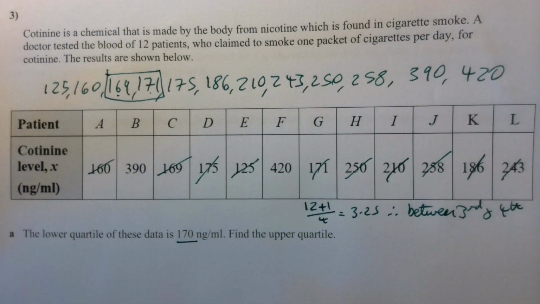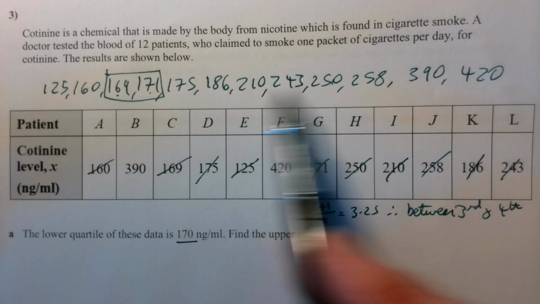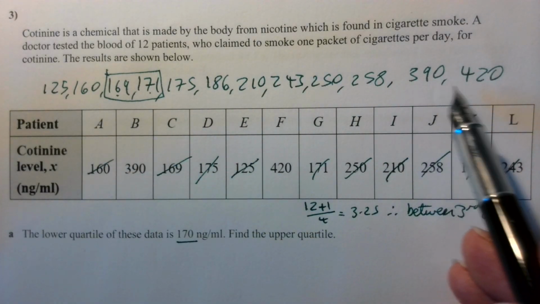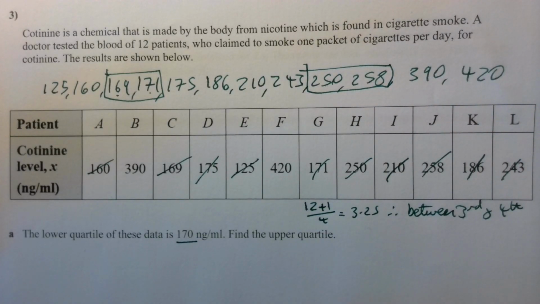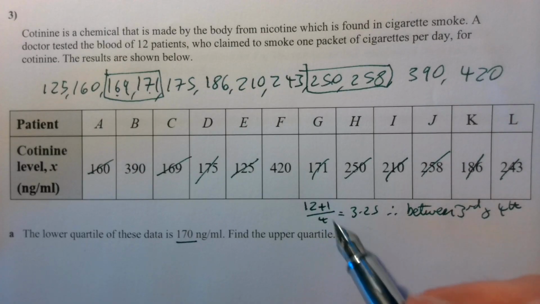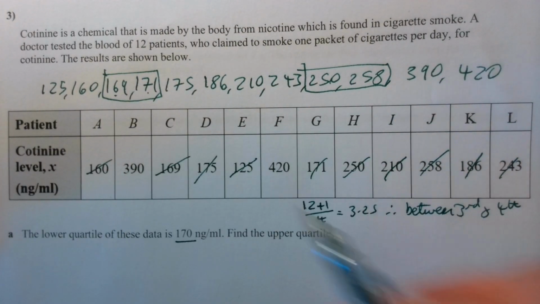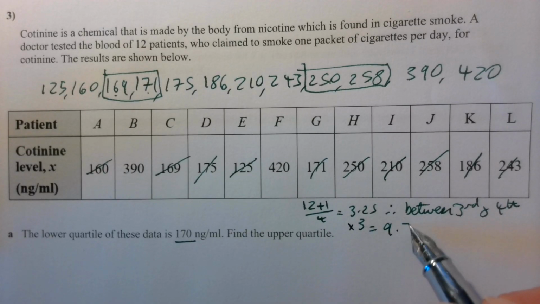Now the upper quartile is going to be the same distance sort of from the end up here. So I've got 2 results on the end, I'm going to have 2 results on the end, and then you've got those 2 in the middle. So I know it's going to be that. But also you can do it by 3, because that's 1 quarter, 3 quarters of that would be, what's that, 9.75.